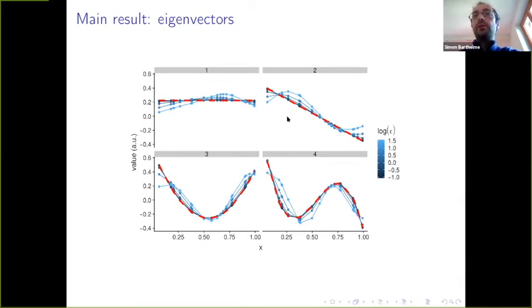Because it's orthogonal polynomials, what you recognize here is a constant function, then a linear function, then a quadratic, and then a quartic. And you see the eigenvectors of the kernel matrix converging to these orthonormal polynomials.